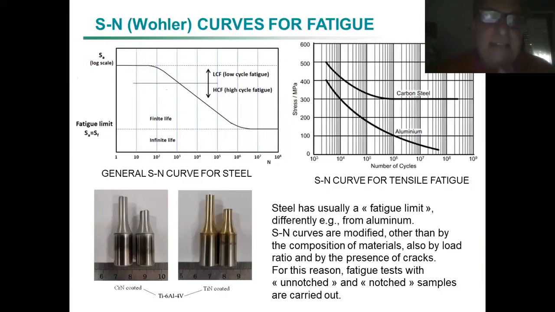These were studies started by Wöhler, about the SN curves. In the SN curves, with N we have the number of cycles. With S we have the amplitude of the fatigue cycle. SA is the amplitude of the fatigue cycle.